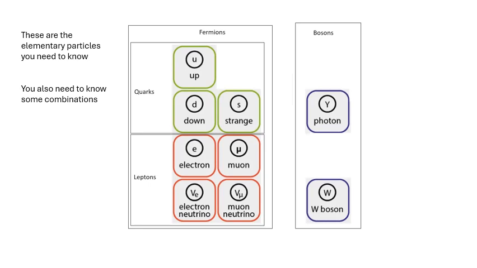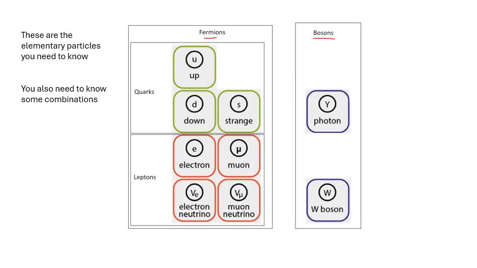We have fermions and we have bosons. Fermions are like proper particles which have mass. Bosons are airy-fairy messenger particles, as we will see. But these are the ones that you need to know, and you need to know some combinations of them as well. So the fermions, you've got quarks and you've got leptons.